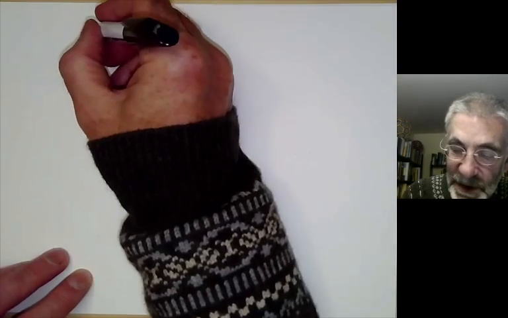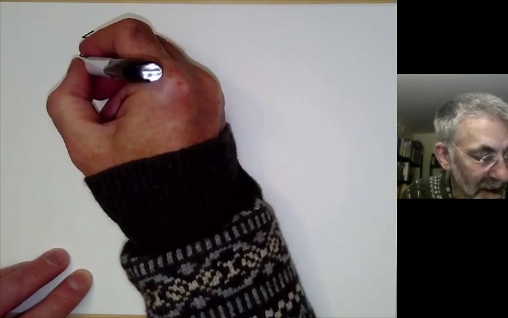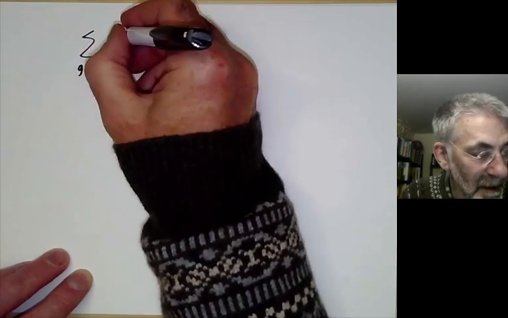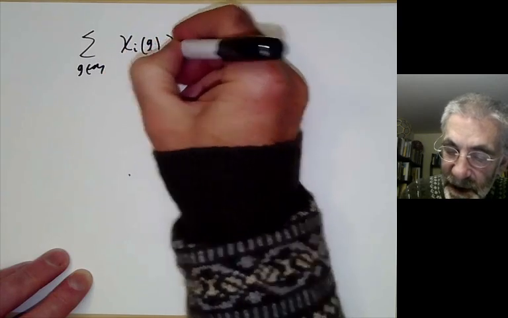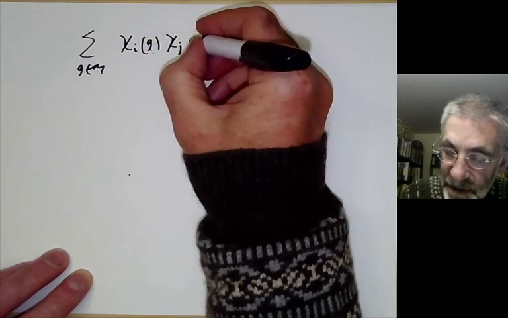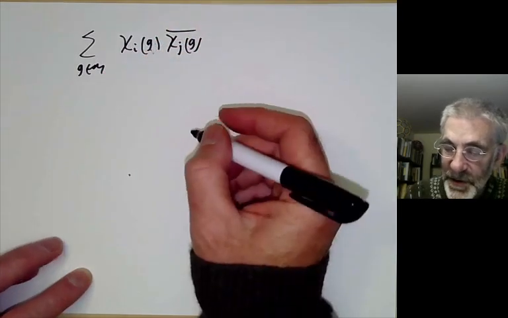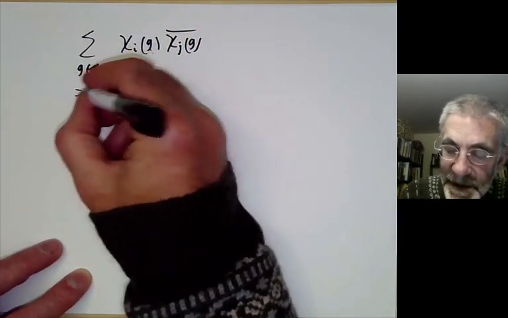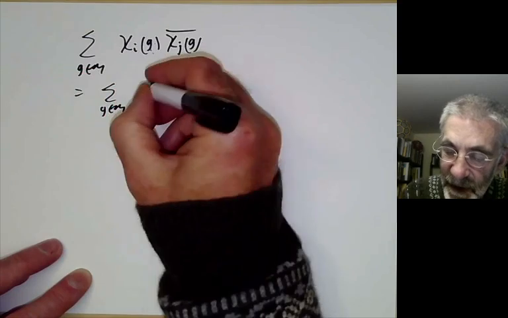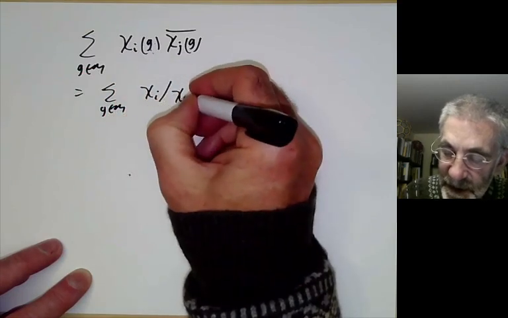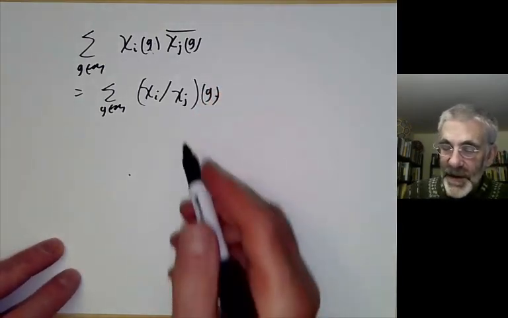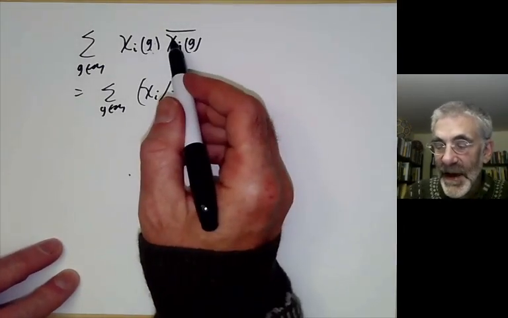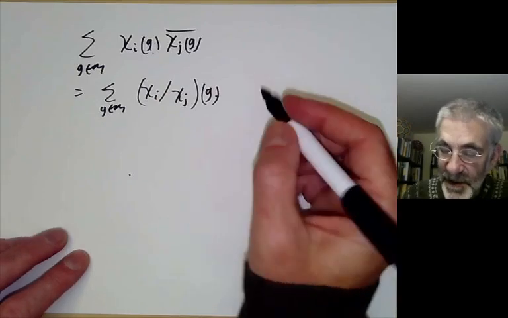So we want to show these are orthogonal otherwise, so we want to look at the sum over g in M of chi i of g times the complex conjugate of chi j of g. And this is just the sum over g in M of chi i over chi j of g, because taking the complex conjugate of a character is just taking its inverse.